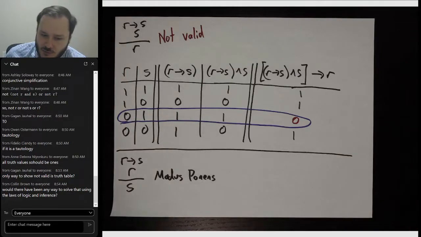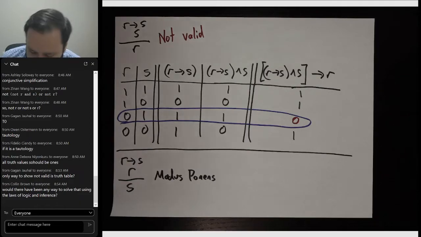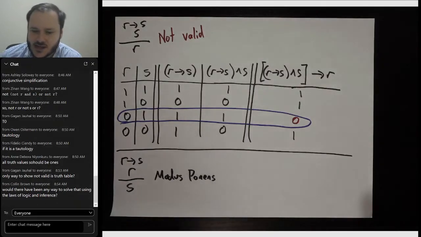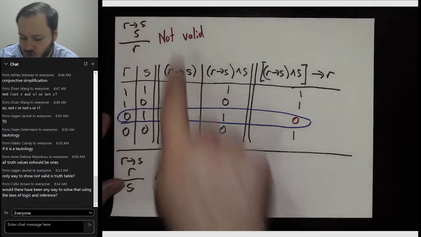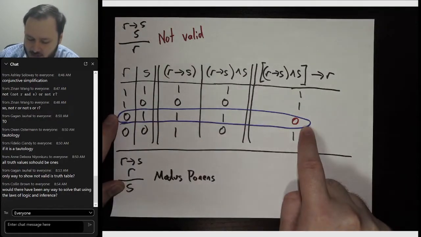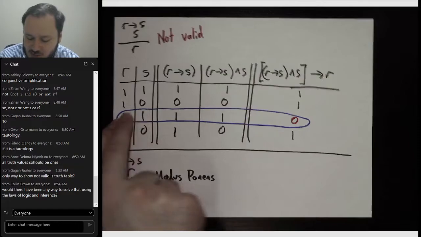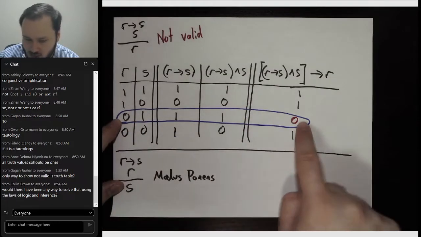Maybe a different proof, maybe a different argument would work. Maybe I could use different laws. Maybe I could use different inferences to get to a different state. All I know is the one path I tried did not work. The only way we can show an argument is not valid is with an assignment of truth values that makes it not valid.